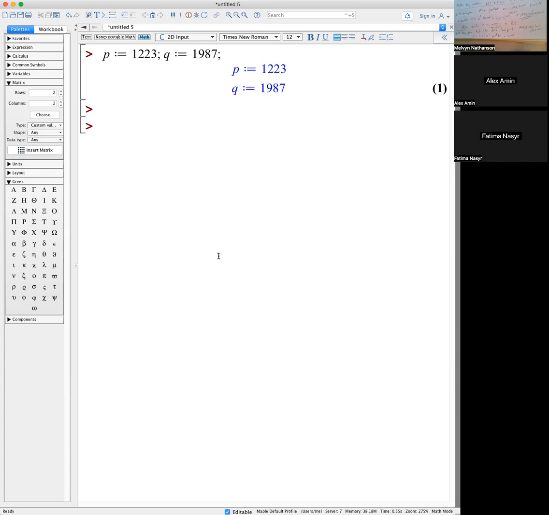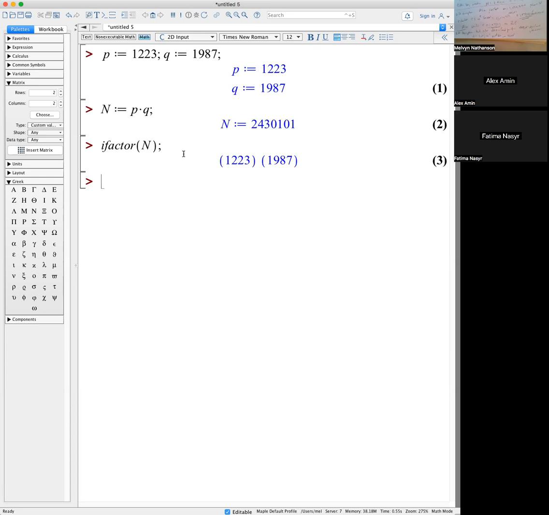So N is going to be P times Q. There it is, 2,430,101. And that's just a few million. That's the I factor. And there it is. So it's hard to do this by hand, but Maple does this in a microsecond. Because these are really, really, really small numbers.